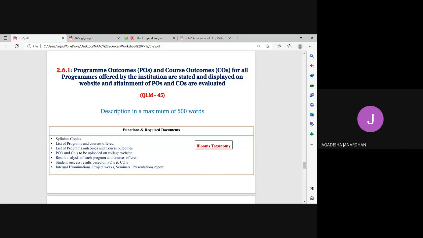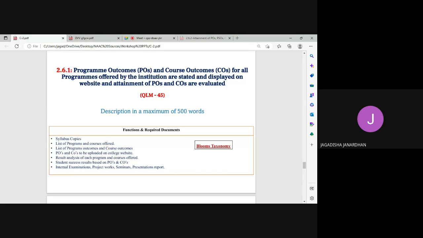Then only the marks will be allotted more. As per previous experiences with many institutions, we came across that many institutions are scoring only 2 marks for these questions. That is, out of 4, they are getting only 2 from the peer team members.